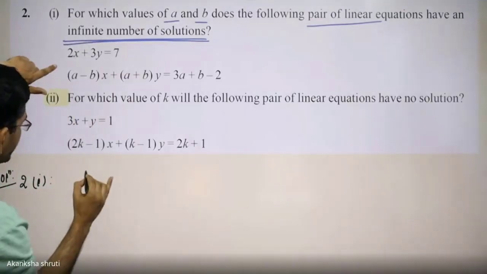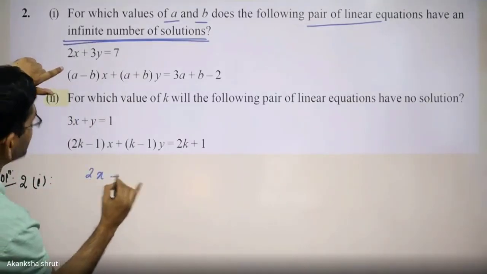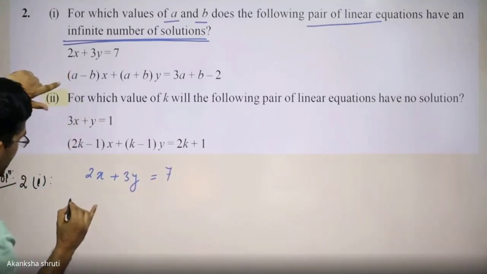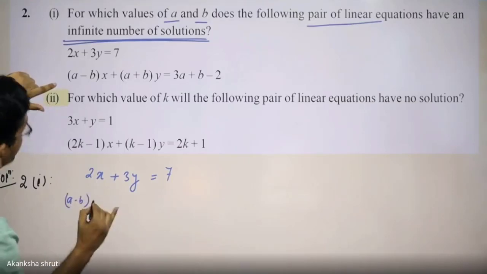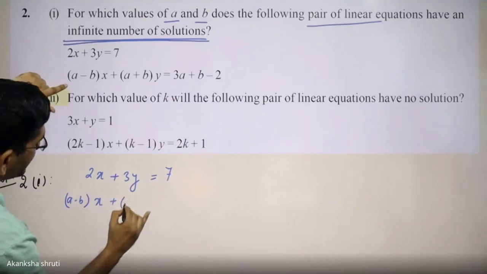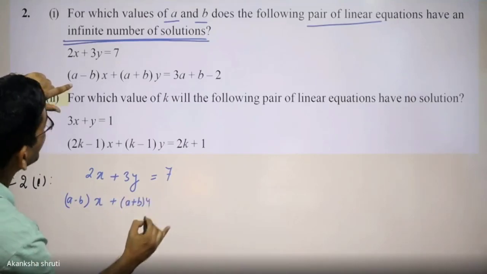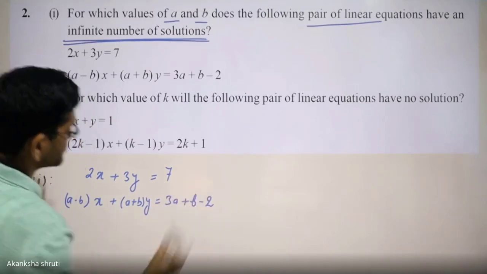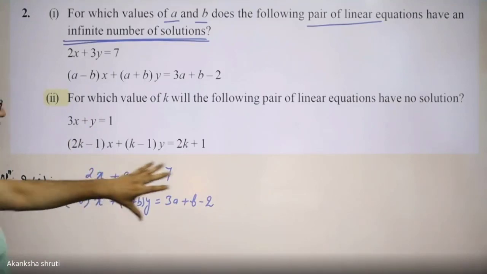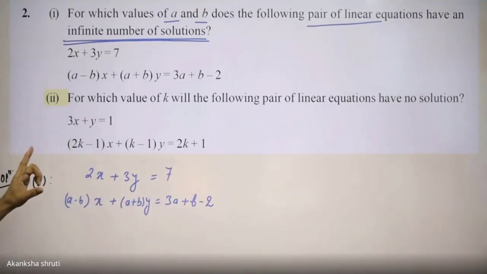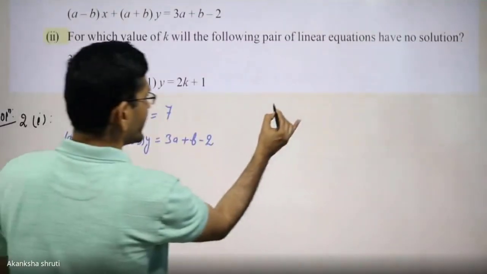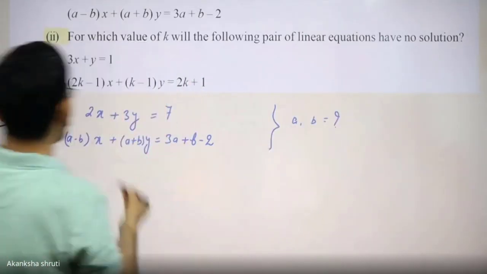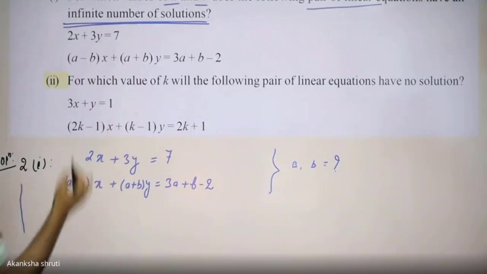So whatever the equations given, let me rewrite. 2x plus 3y is equal to 7, and the next one is (a minus b)x plus (a plus b)y is equal to 3a plus b minus 2. These are the pair of equations given, and we have to find the values of a and b so that these have infinitely many solutions.